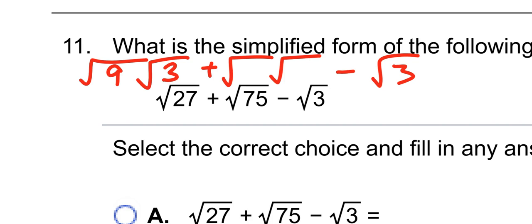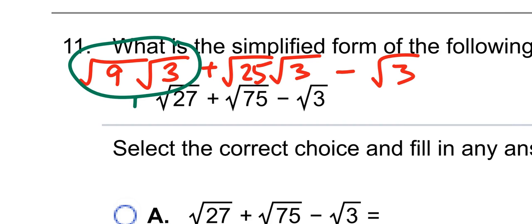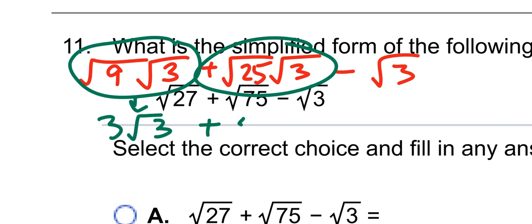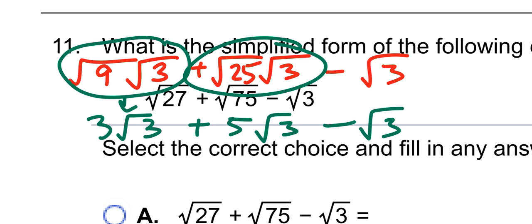You're looking for perfect squares that go into 75. Five isn't even in the list, folks. 4, 9, 16, 25. Hopefully you're thinking 25, and it goes in 3 times. So what is the first part here? 3 radical 3, plus 5 radical 3. What's your final answer?